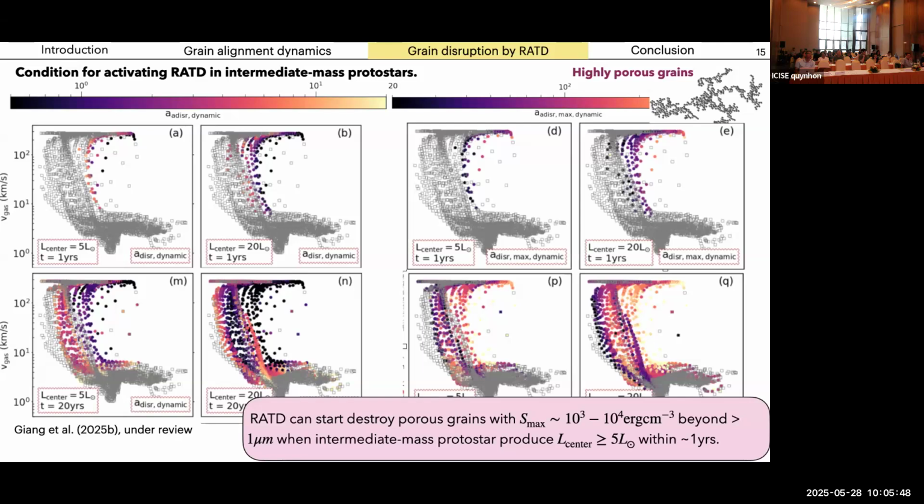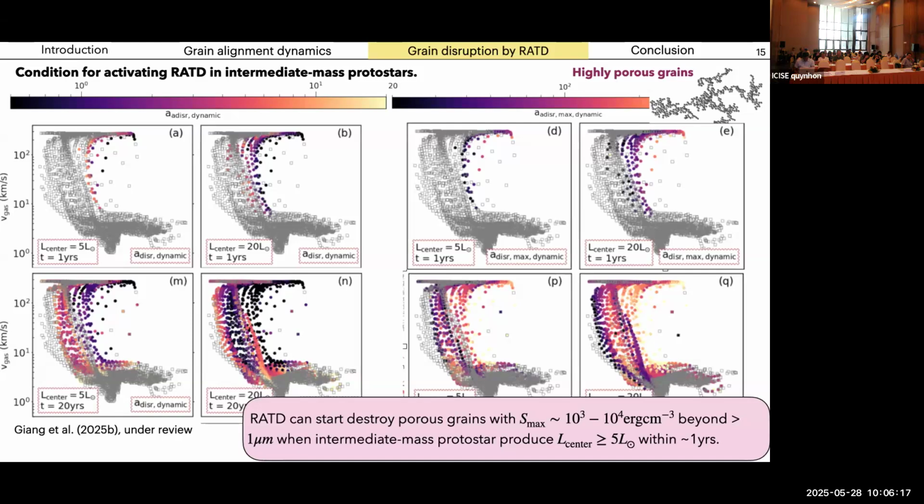So we found that for highly porous grains, even if the central luminosity is 5 solar luminosity, RAT is strong enough to destroy micron-sized grains inside the outflow base shortly after 1 year. And if the luminosity is higher, it will affect the grains much faster and stronger. So we conclude that RAT can start to destroy porous grains with low maximum tensile strength within 1 year.